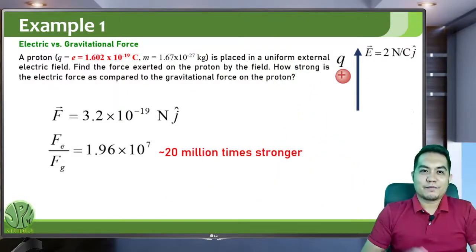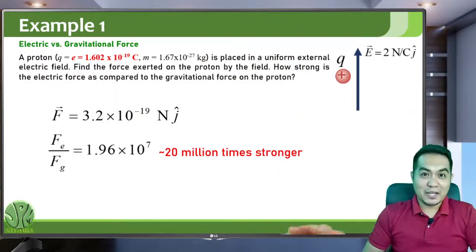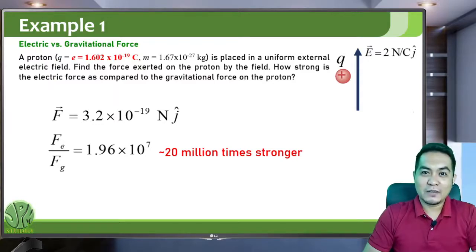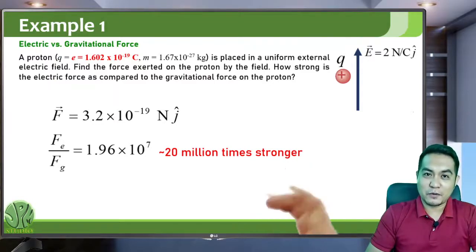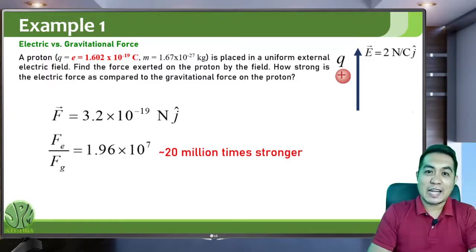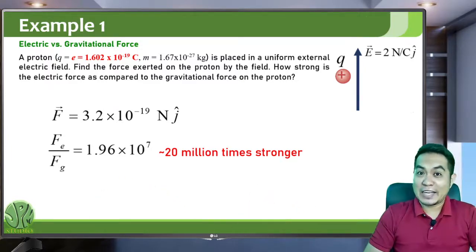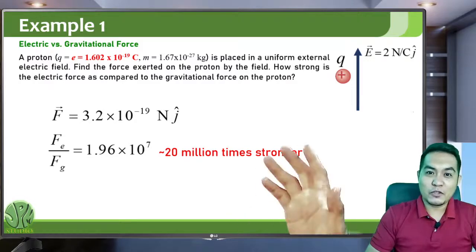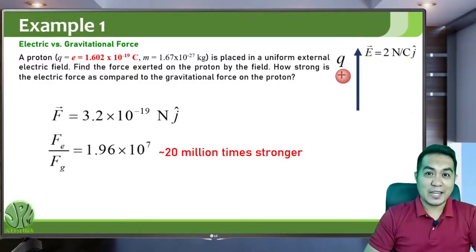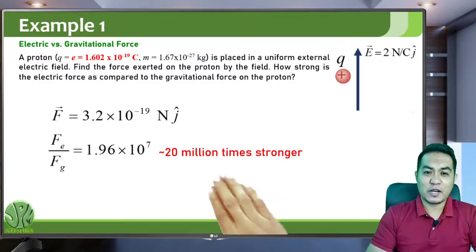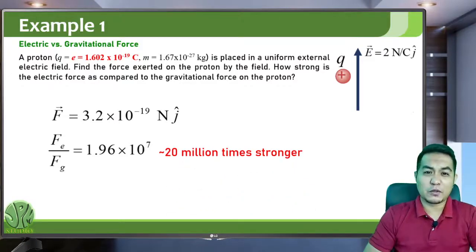So no need to take into account gravitational force when you are trying to solve for electric forces, because gravitational forces are negligible when you compare them to electric force. As you can see in this example, it's 20 million times stronger than the gravitational force.